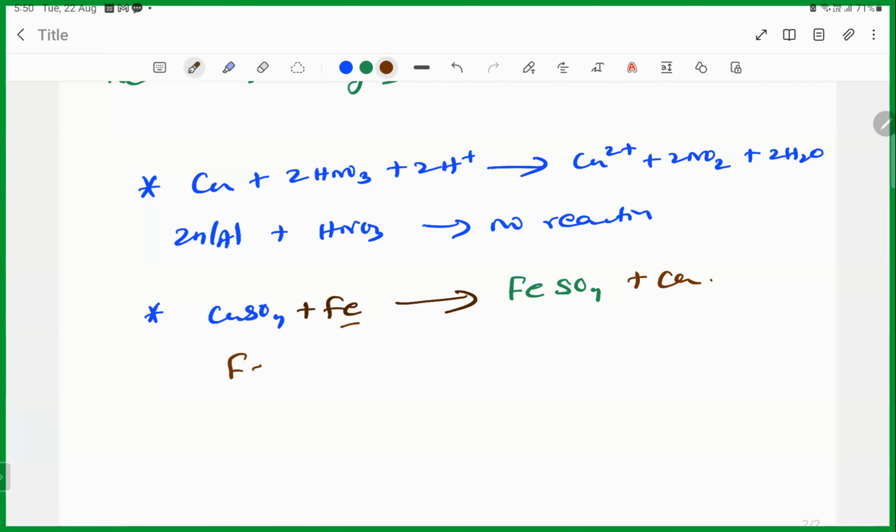The same iron with magnesium sulfate, no reaction. What is the meaning? First one, the iron replaced the copper, it gives iron sulfate. Second one, iron is not replacing the magnesium, so no reaction. What does it mean?